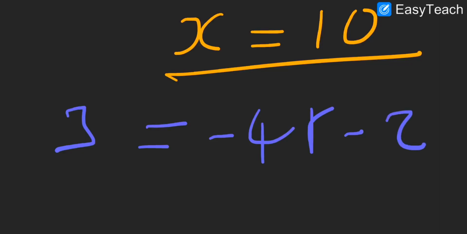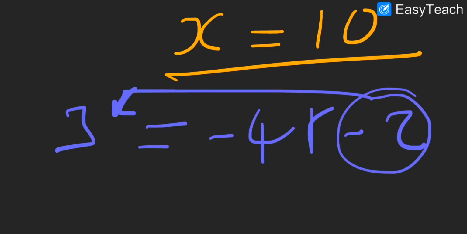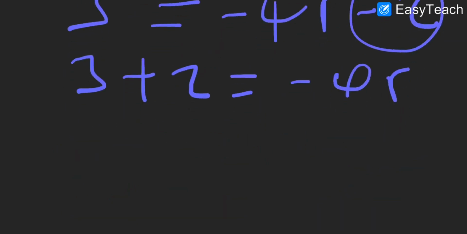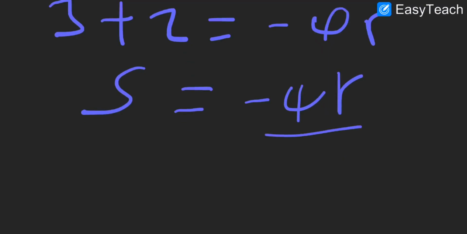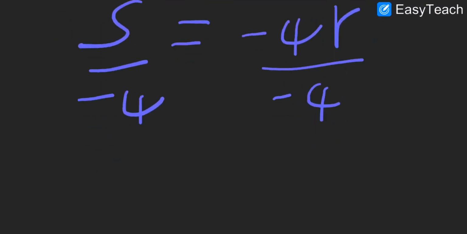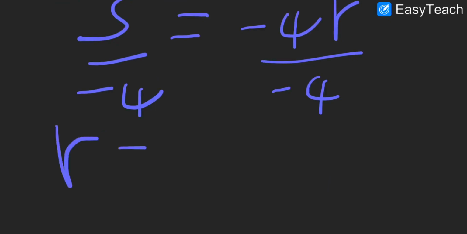From there I shift this negative 2 to this side and it becomes positive, so 3 plus 2 equals negative 4r. Then I find 5 is equal to negative 4r. To find the value of r, we divide by negative 4 on both sides, and r is equal to negative 5 over 4.